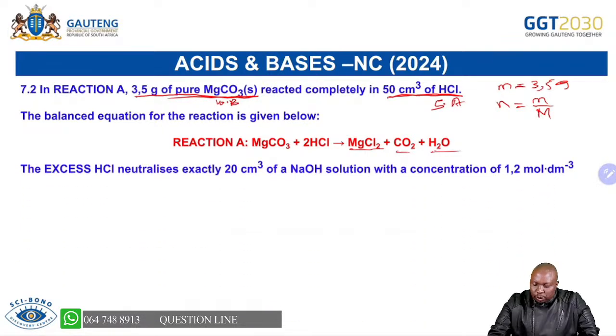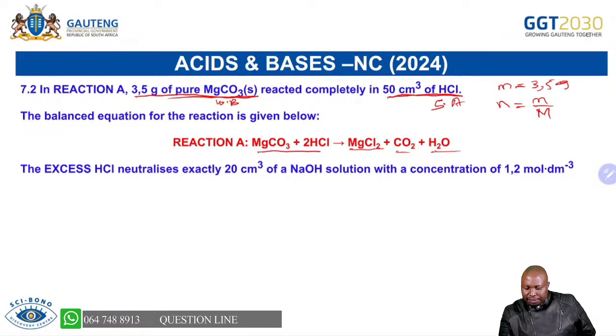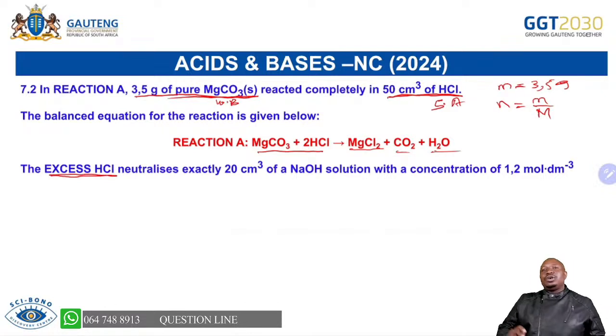Now they are saying this is what happens in this reaction. It's very important, learners, to have this understanding that we are having a reaction here. This is what happened. We have 3.5 grams of magnesium carbonate. We have the volume of HCl, which was 50. But they are saying HCl is in excess. So there will be HCl that will remain.